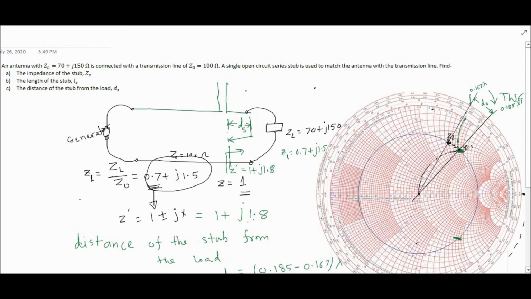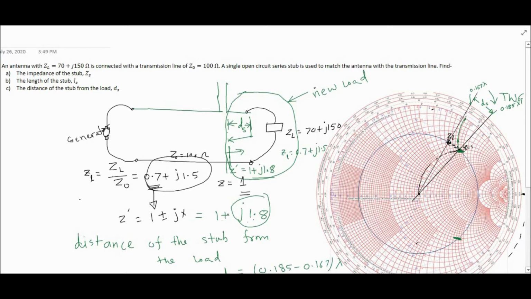So this entire part now behaves like a load. This is like my new load, and that got an impedance like this. So we got R equal to 1, but we have to remove this imaginary part.